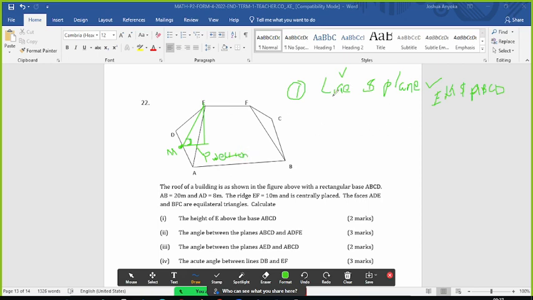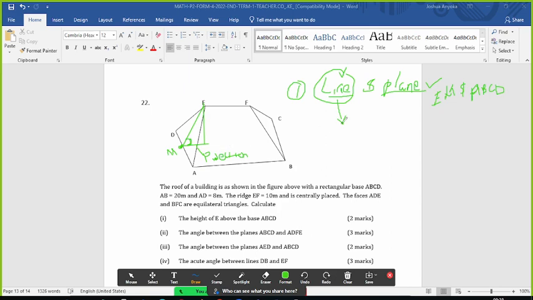So for the angle between a line and a plane, identify the line in the diagram, identify the common point between the line and the plane, drop a perpendicular from the other end of the line to the plane, join it to form a right angle triangle, and the line that you form after dropping and joining is called a projection.